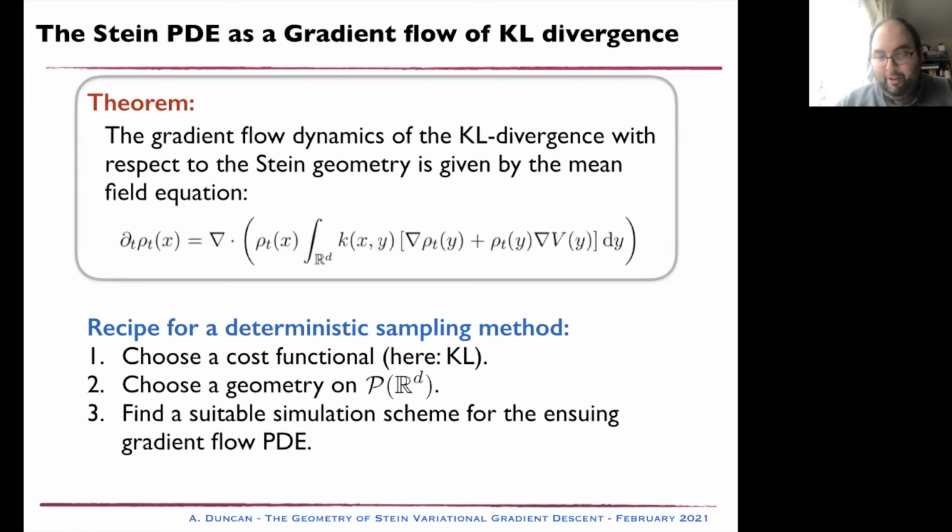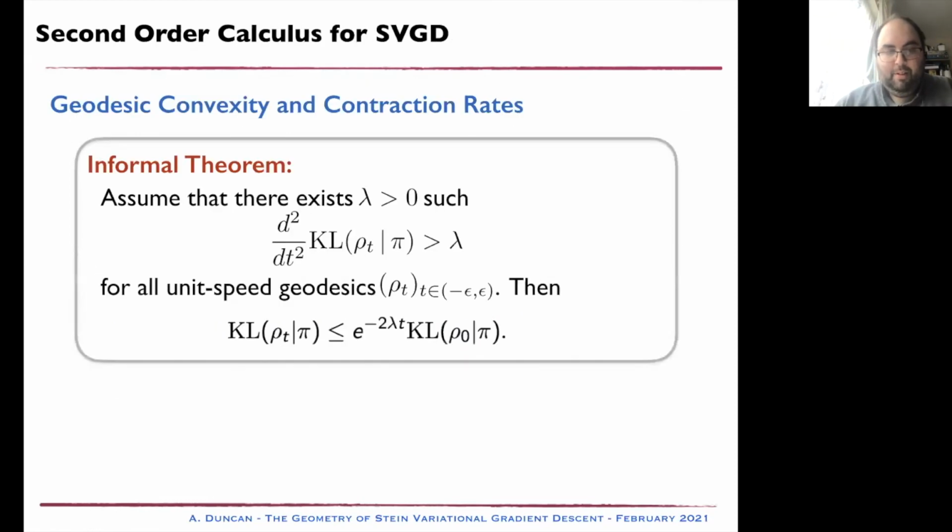And so why do we care about this? Well, once we have this relationship, then we can start talking about rates of convergence. If we've established that these dynamics are a gradient flow of KL divergence in this geometry, the next step is to study what's the curvature of this loss function, KL divergence, in this geometry.